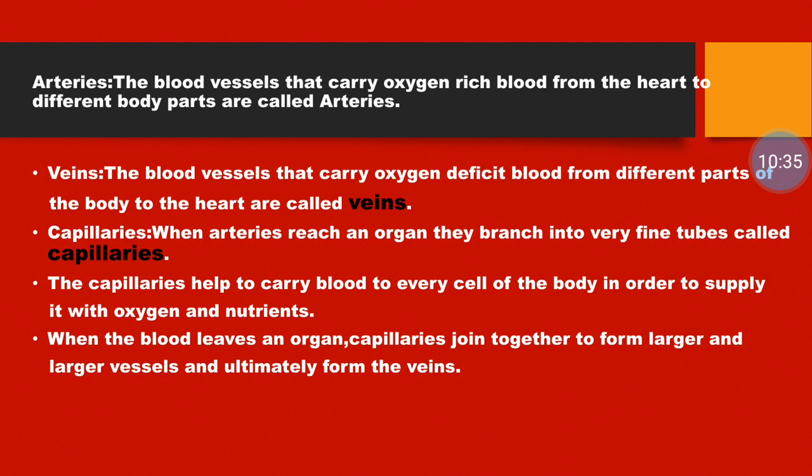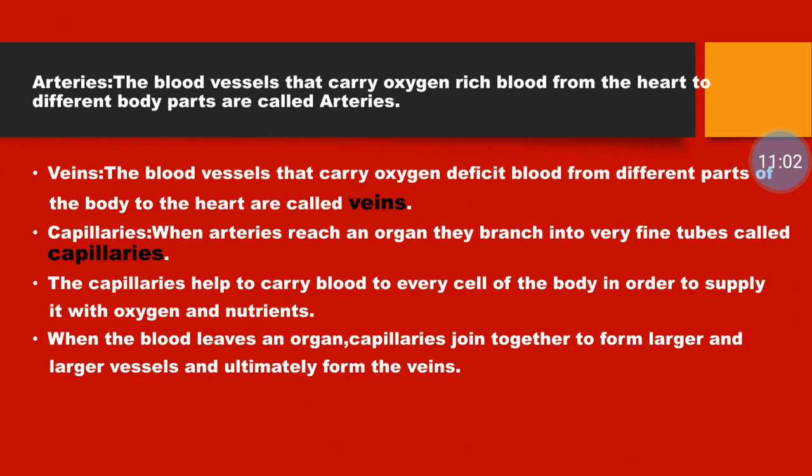So since it has low oxygen content, these veins become larger and larger as they get closer to the heart. Children, as I already told you, the heart is divided lengthwise into two parts by a muscular wall, isn't it? So now we have two separate pumping systems in the heart, that is the right side and the left side.